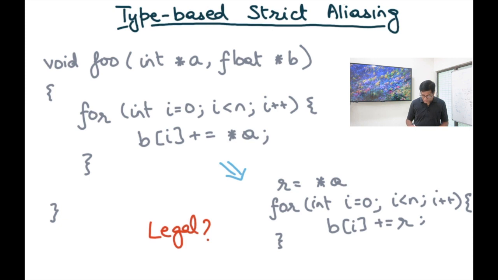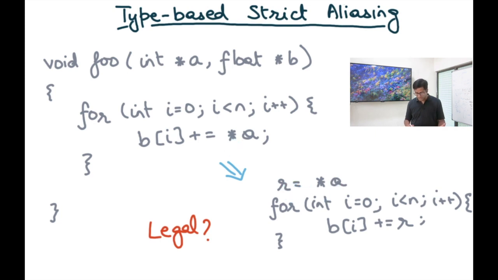And the answer is this is not legal if it is possible for b[i] to actually alias with a. Alright, so if b[i] could point to the same location as a, then across different iterations it's possible that one of these b[i]'s actually writes to a, and so that means I should keep reading a over and over again, because it's possible that I modify star a in one of these iterations, and if I modify it, then I need to refresh that value.